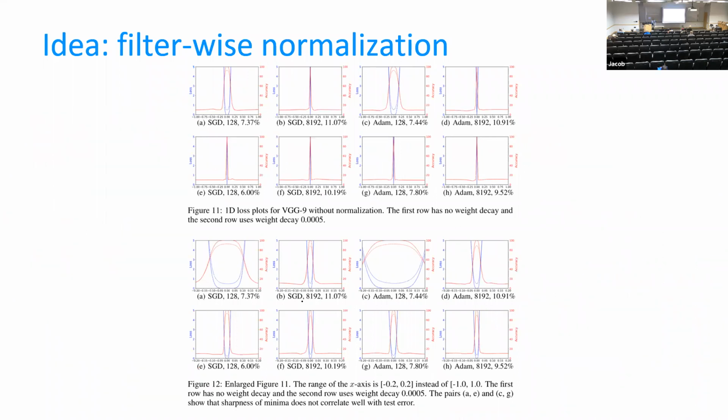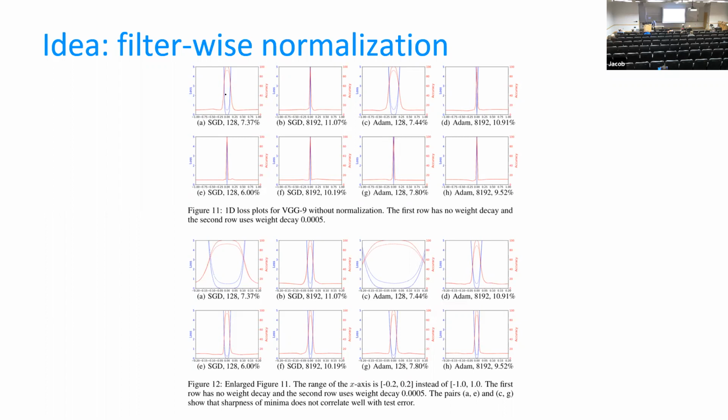Okay, so yeah, this is another visualization that's trying to show the problem of trying to visualize loss landscapes without this normalization. So we're comparing A and E and C and G. We're looking at the flatness of each of these minimizers as well as the error rate.